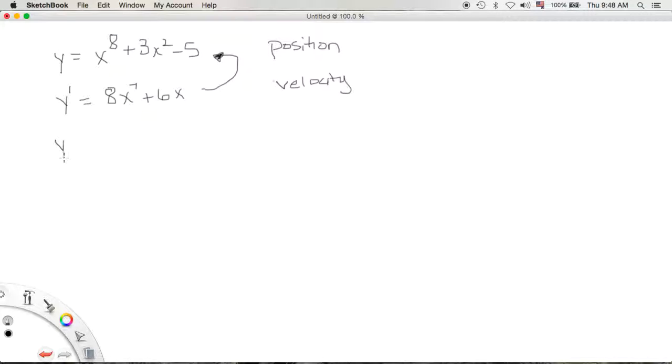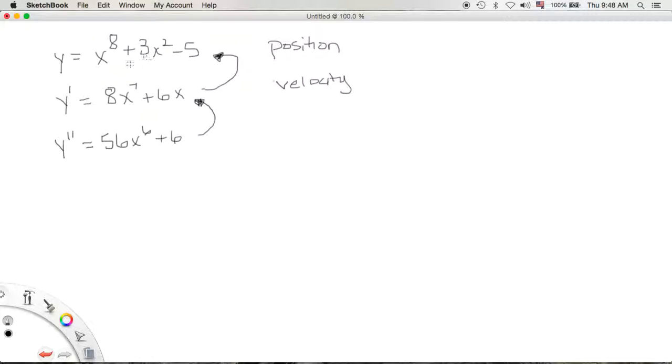Now, you can take a second derivative, and you just keep going, same way, power rule. Now, this is the rate of change of the derivative. So if you graphed this derivative function, then this would be the slope of the tangent lines of the derivative. Now, what does that tell you?